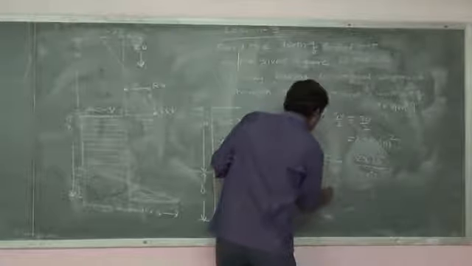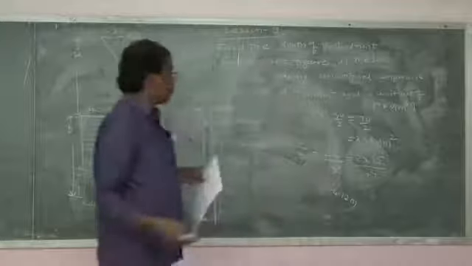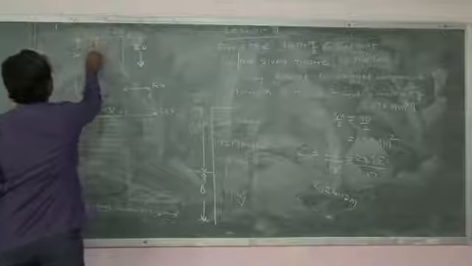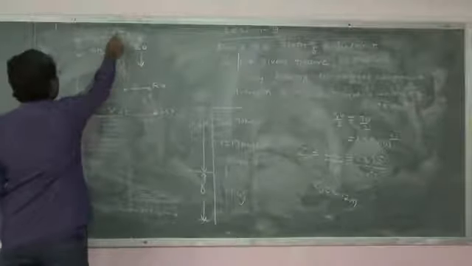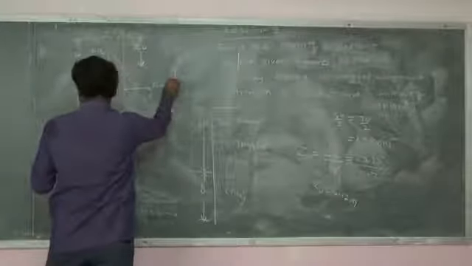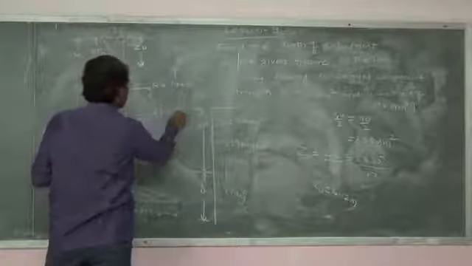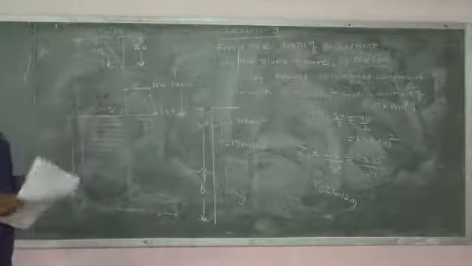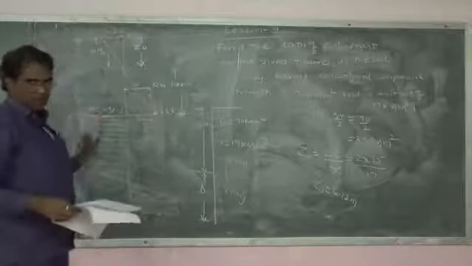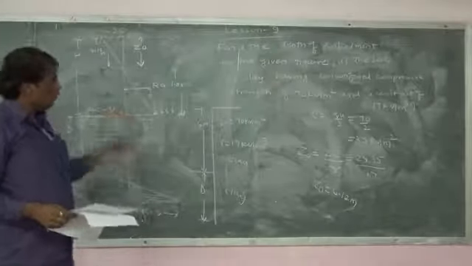So this z naught is 4.12 meter, means this height is 4.12 meter. Total height is 6 meter. If this 4.12 goes, this height is definitely 1.88 meter. So this is the given question and this is the diagram for it. Got it?